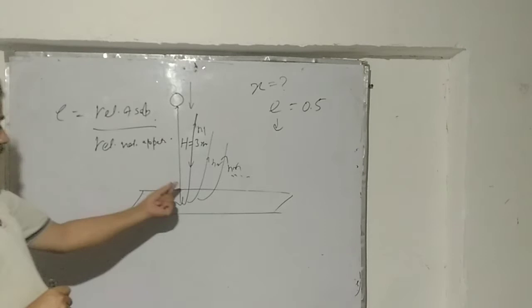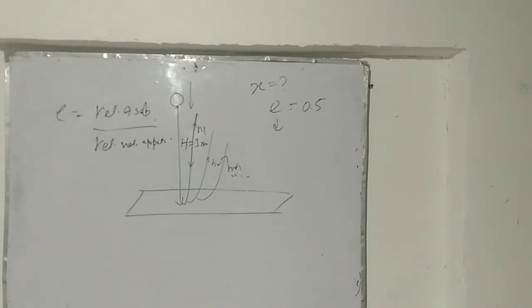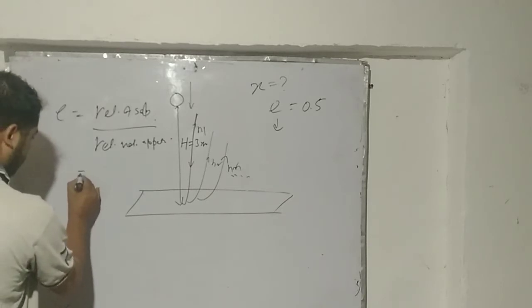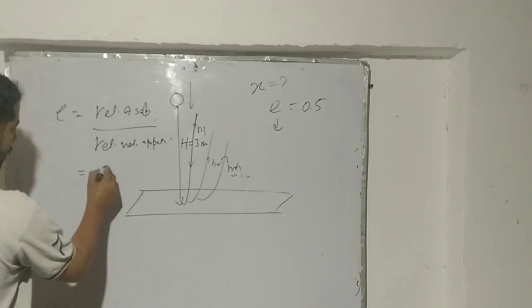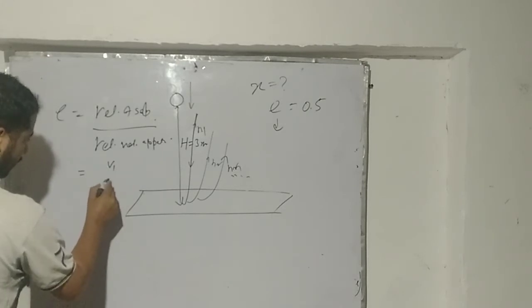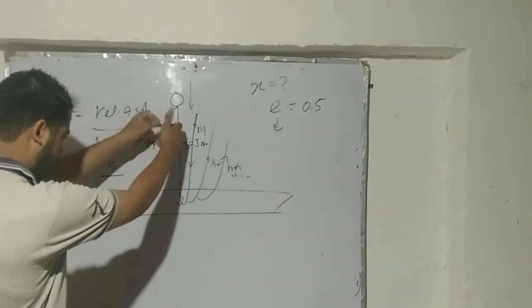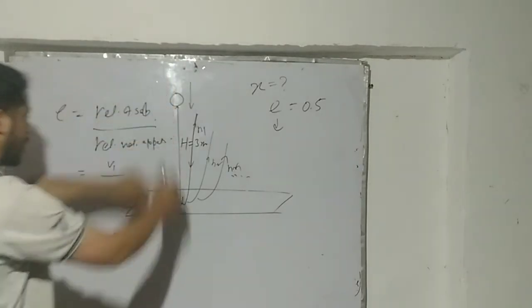Let us assume that after the first collision, the velocity attained by the particle is v1, and before it collides, it achieves some velocity u due to the gravity field.